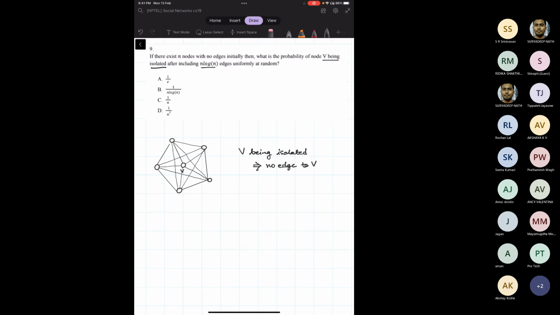These are all the possible edges that can exist, but we'll have to generate an edge at random.